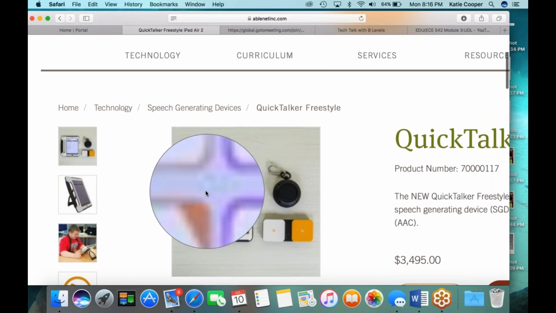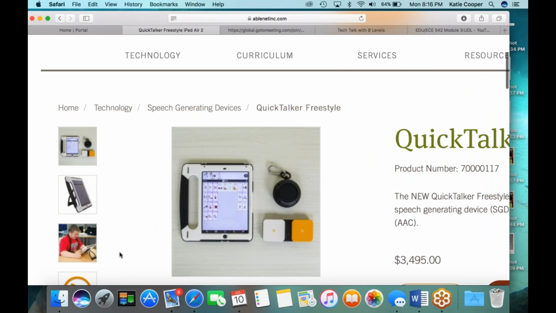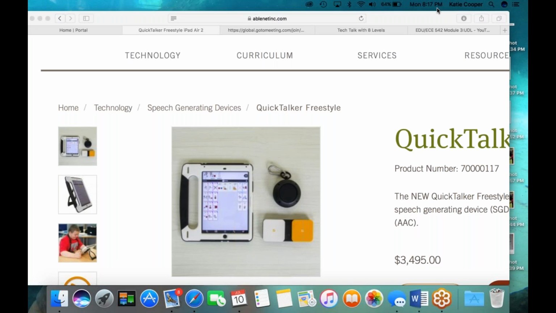But it has different categories, and the student would touch something and it would open up another category. So they would go to food, it would open up another category that might have meat, vegetable, fruit, and then they would touch fruit and it would open up and you'd have apples, bananas, something like that. So it's dynamic, it's moving, you can add to it, you can change it, versus a static display, which is what those others were, those single switches.